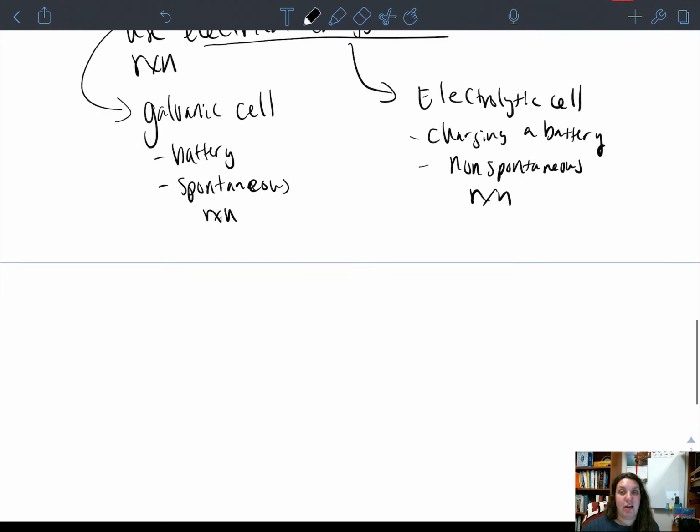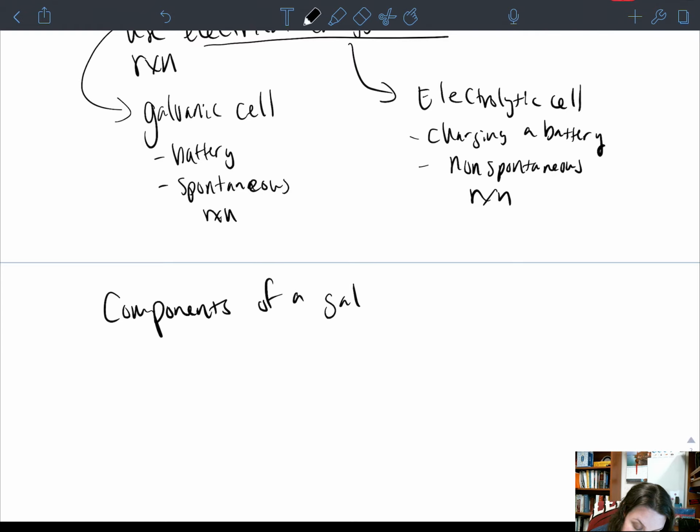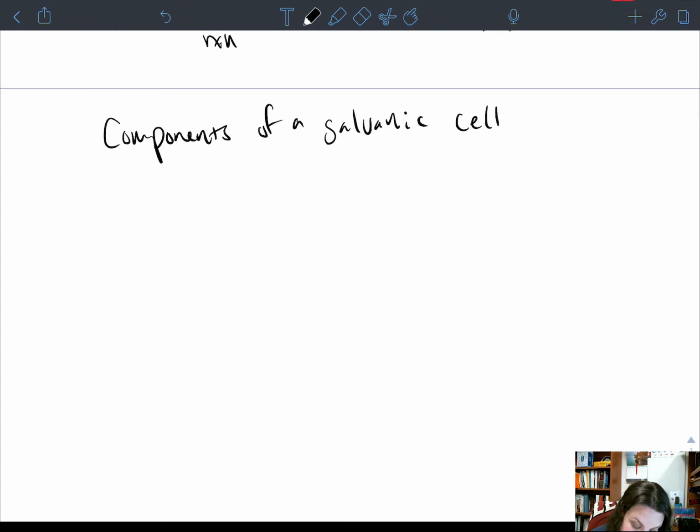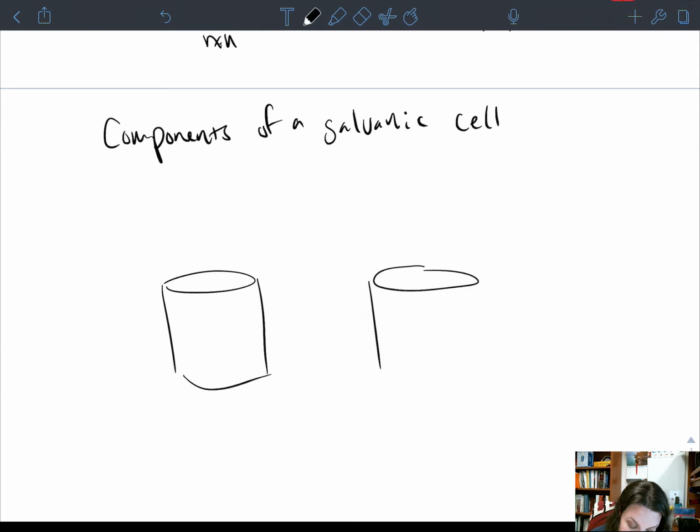Okay, we're going to talk about the components of a galvanic cell and how they work. Basically, a galvanic cell, we have two half reactions in beakers. We have an electrode in each. Generally, the electrodes are made out of metals, but not always.